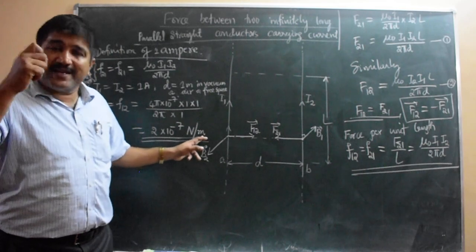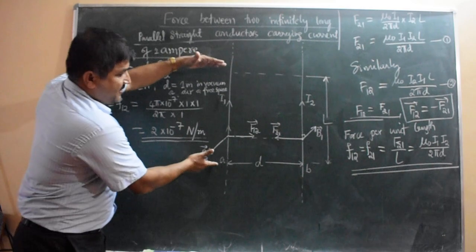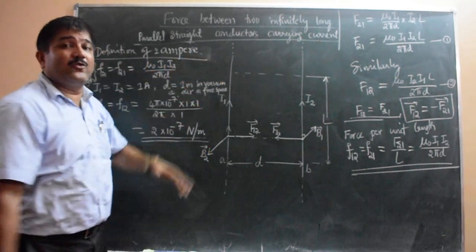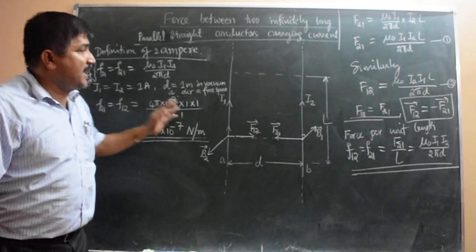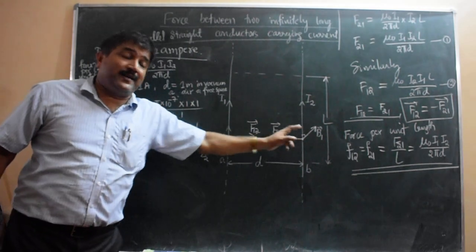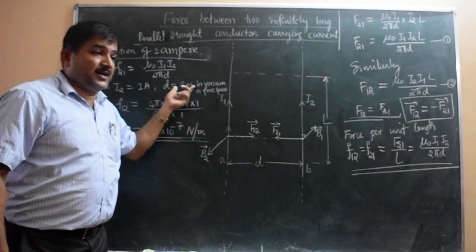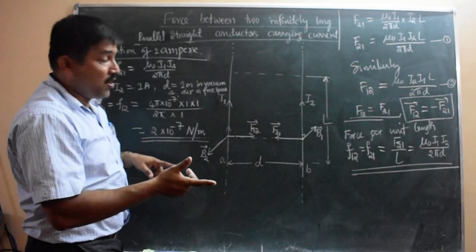meter on each other. The term vacuum is important, or free space, or air at least. So this is the force the two conductors of 1 meter length would experience when you maintain a steady current of 1 ampere in each of the conductors, and when they are separated by a distance of 1 meter in vacuum. The conductors must be parallel and infinitely long.